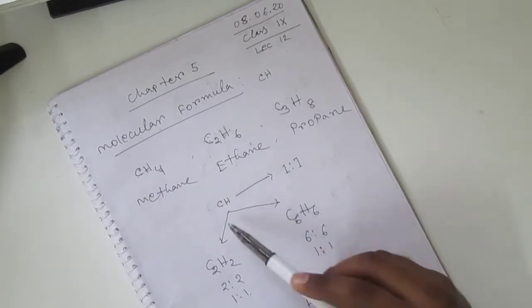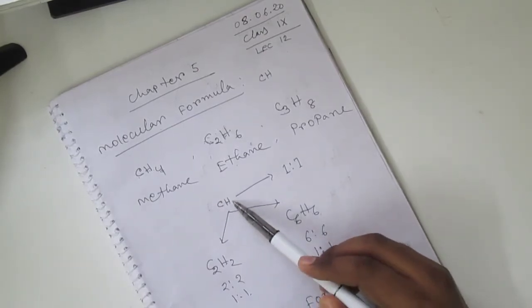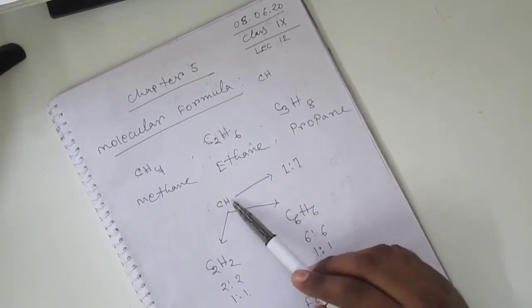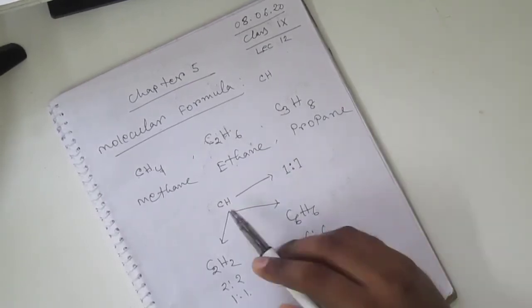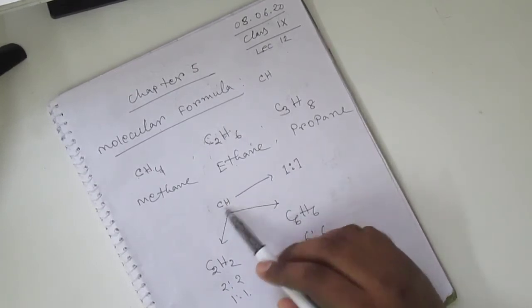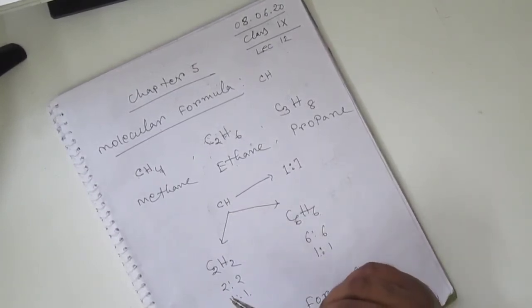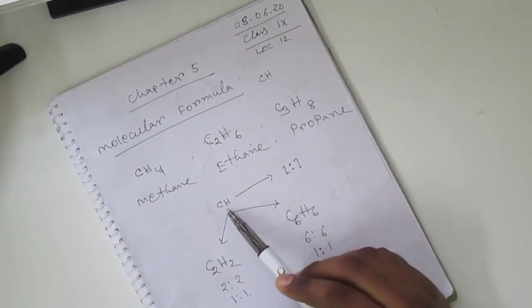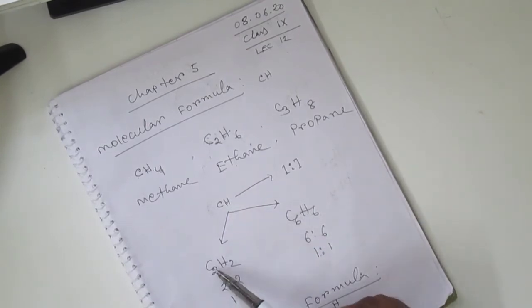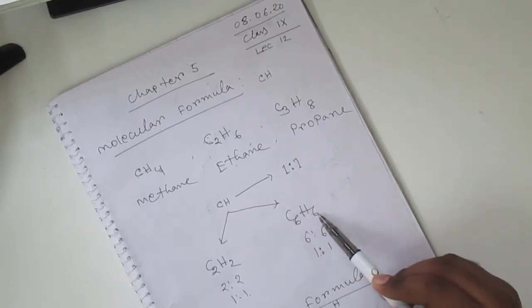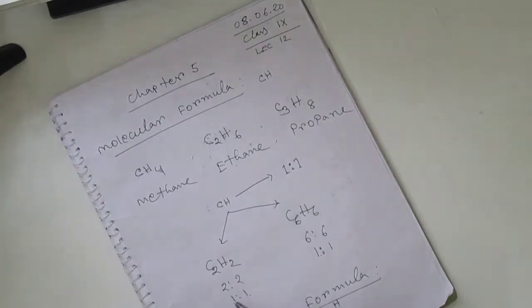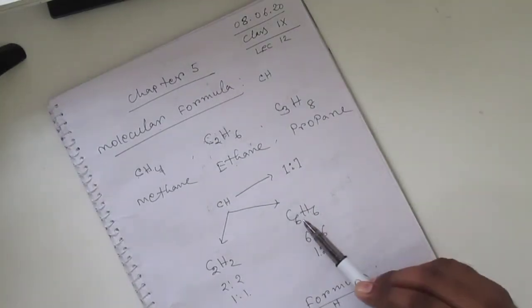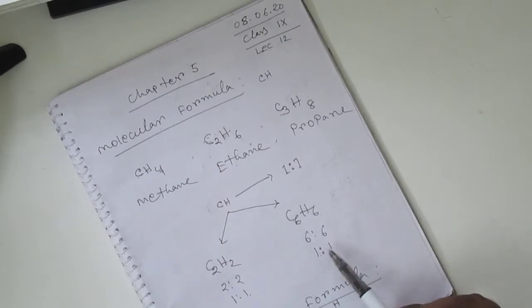Suppose I am talking about only CH. Here the ratio of carbon and hydrogen is 1:1. It doesn't express any compound specially. But if I write C2H2 and C6H6, then its ratio is 2:2, that means 1:1, and its ratio is 6:6, that means 1:1.